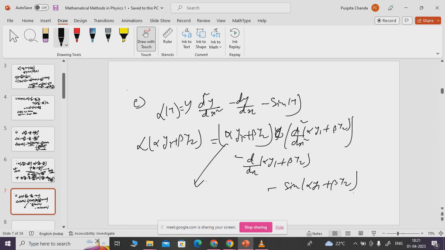From this we get a term alpha y1 times d2/dx2 of (alpha y1 plus beta y2), plus beta y2 times d2/dx2 of (alpha y1 plus beta y2).